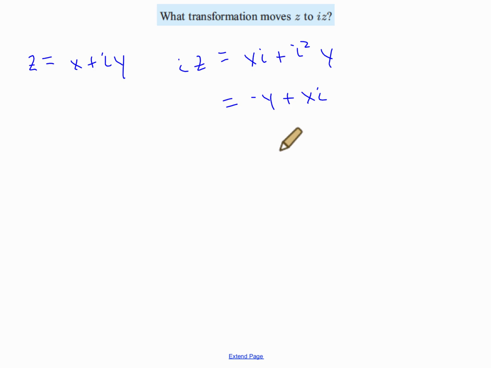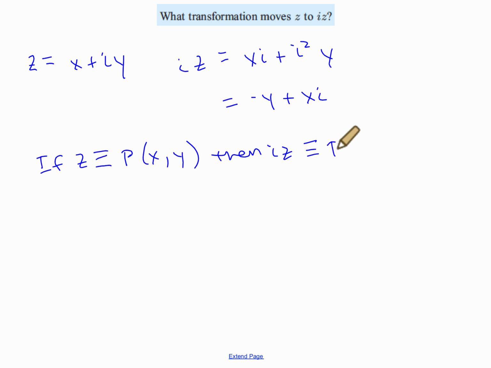The real and imaginary parts have changed. So if we think of z being equivalent to the point (x, y), then iz, i times z, is going to be equivalent to the new point P, the translated point, (negative y, x).